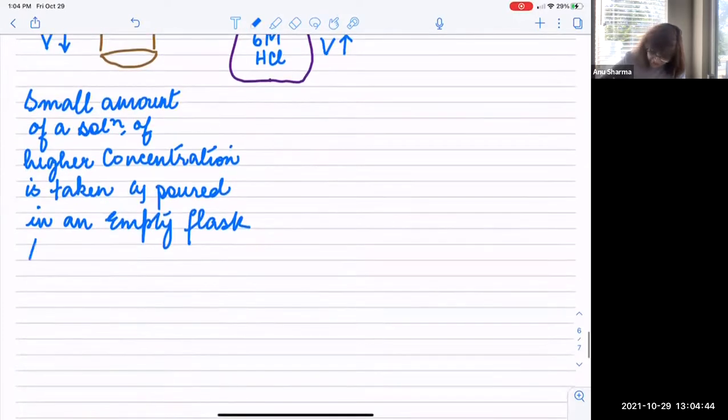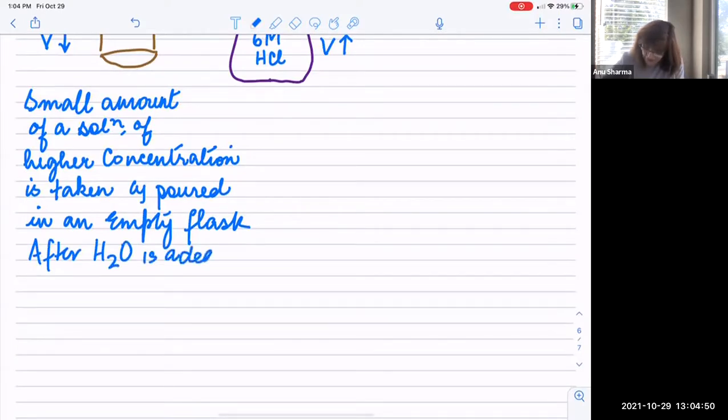After that, water is added, to whatever amount you need.